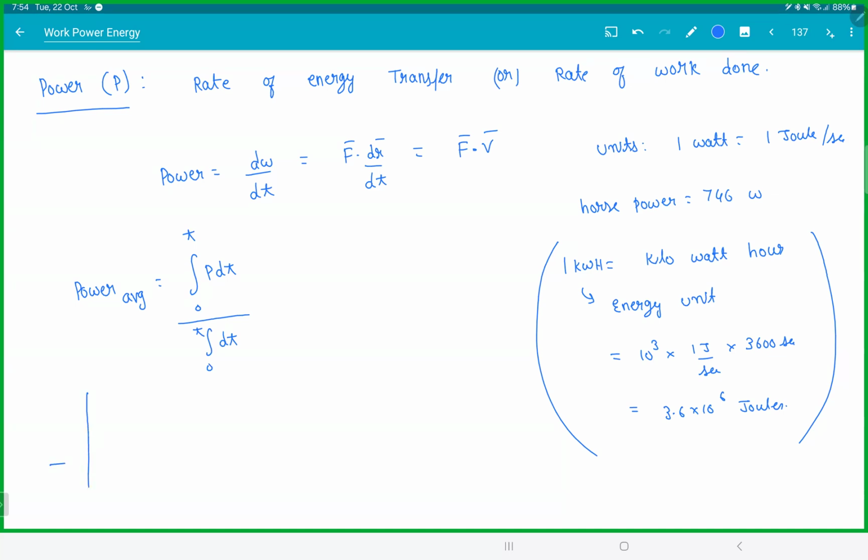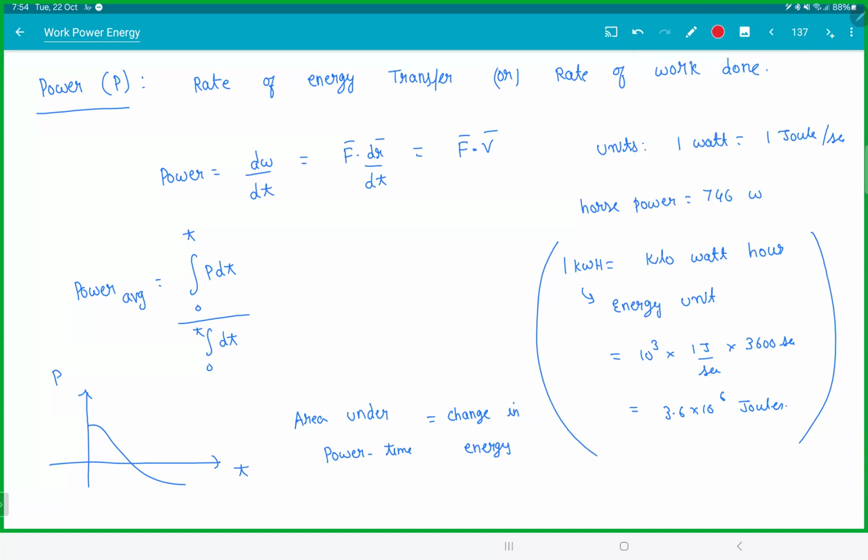And if you have a graph, area under the P-t graph gives you energy. Change in energy is work done.